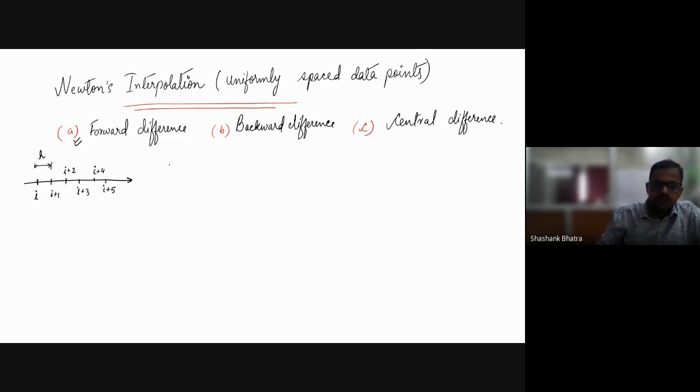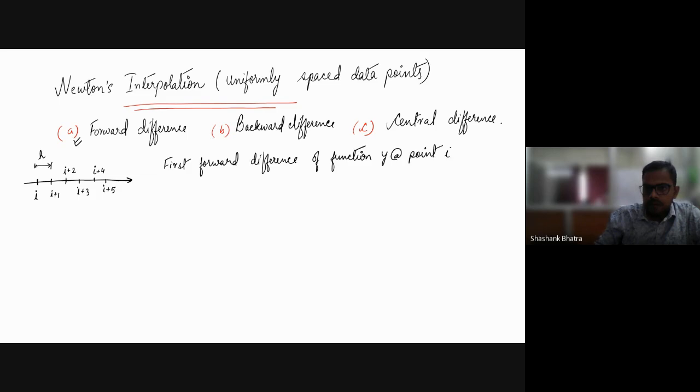Your first forward difference of function y at any point i, how am I going to write it down?